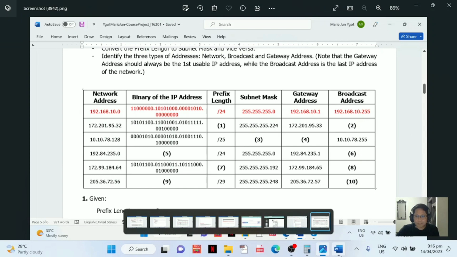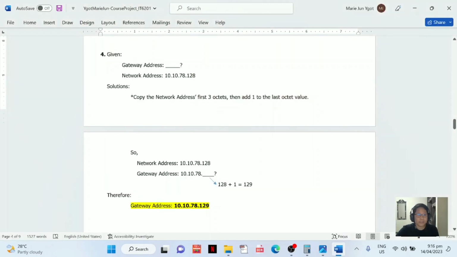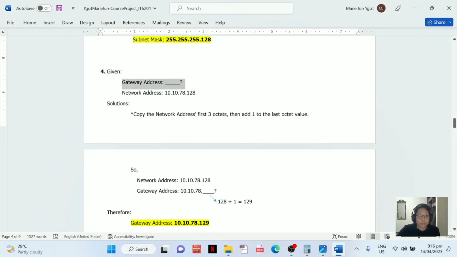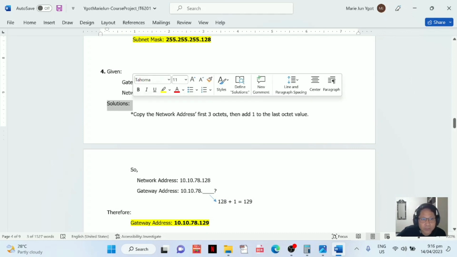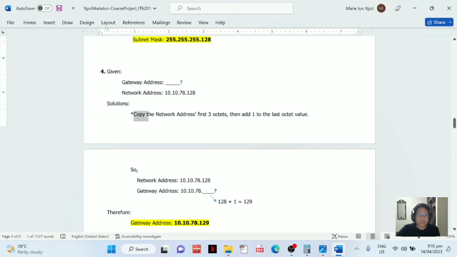In order to find the gateway address, we only need the network address. So what we're going to do here, our solution, the first thing to do is to copy the network address first 3 octets, then add 1 to the last octet.